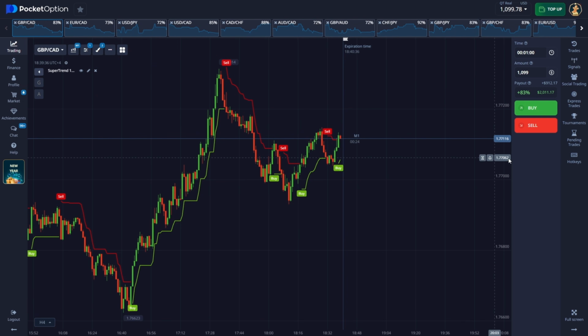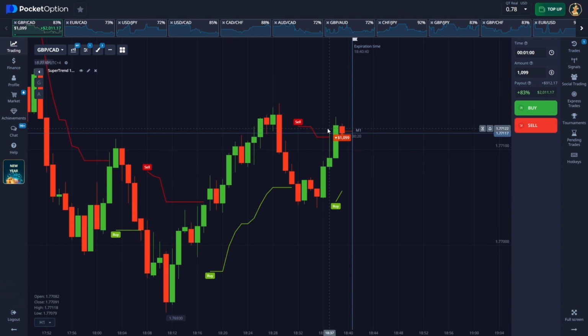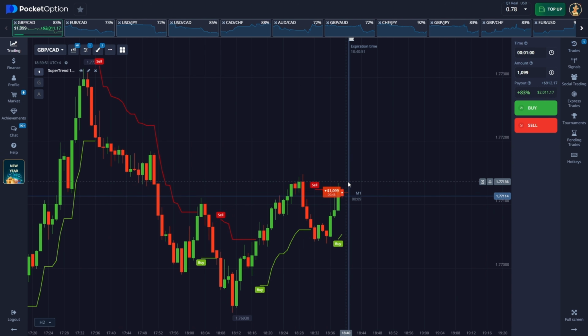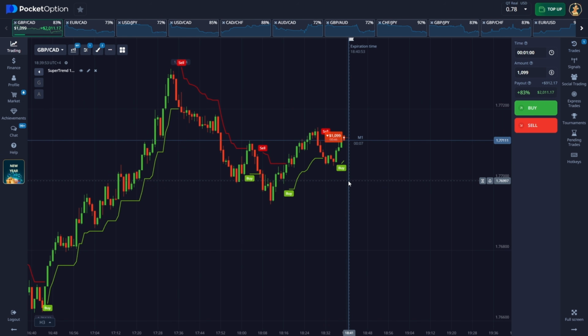On GBP CAD, we have a signal for a downside move. So I placed the trade for the downside move on GBP CAD worth $1,099. As you can see, there's a sell signal, which is why I took the trade for the downside move.